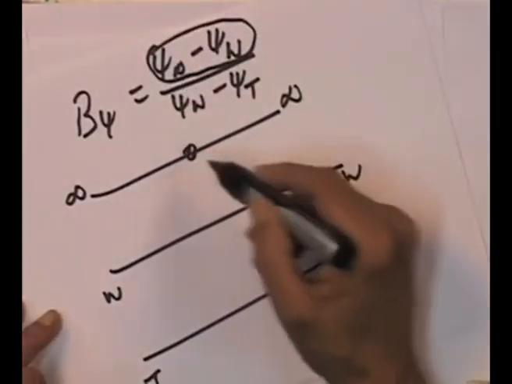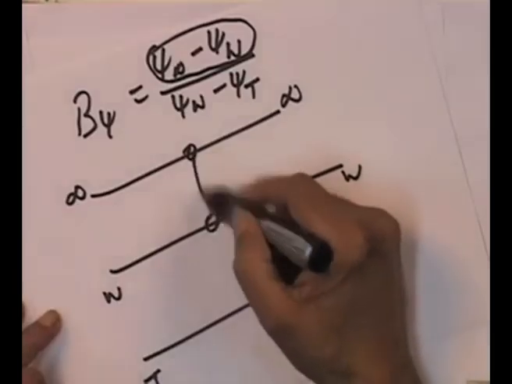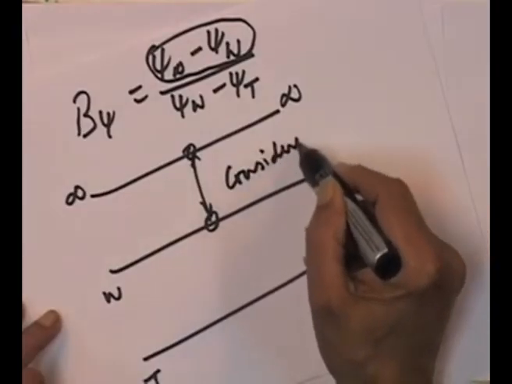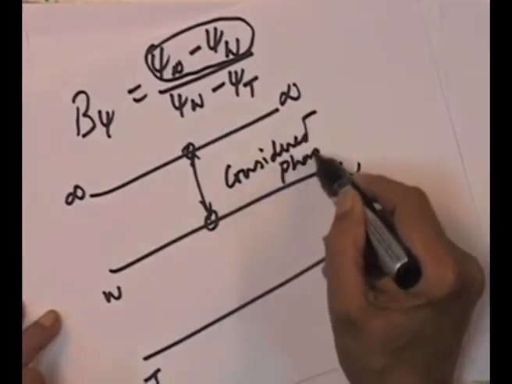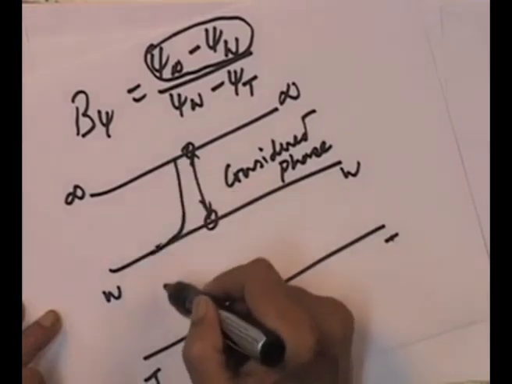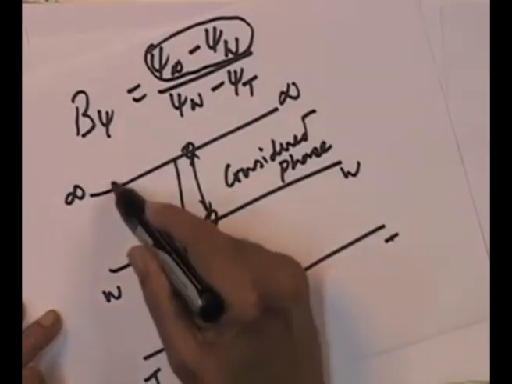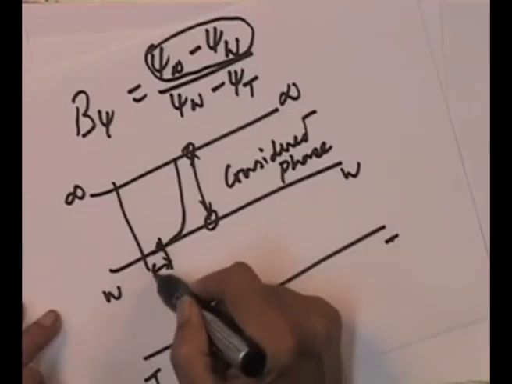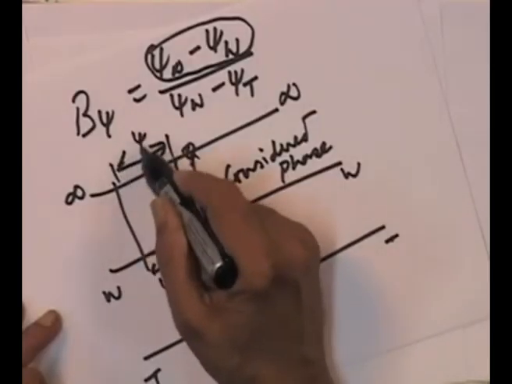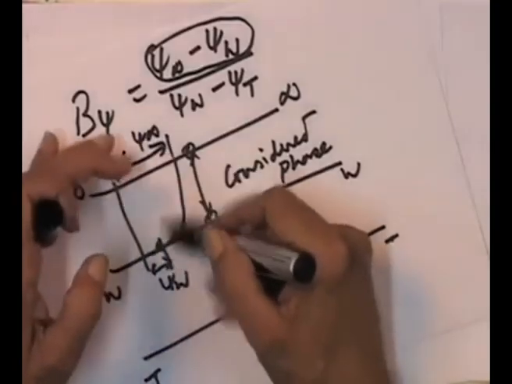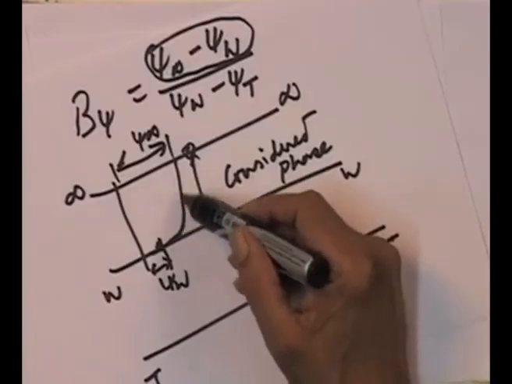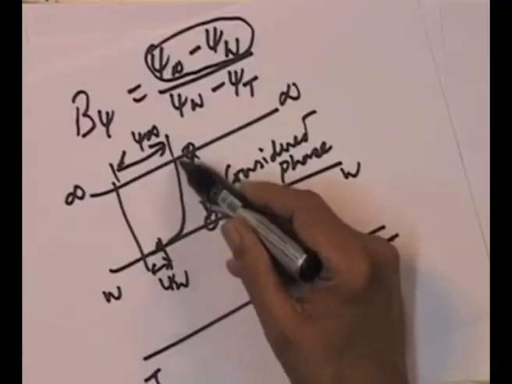In other words, this value and this value are separated significantly in the considered phase, and therefore, you can get a profile like that with the value of psi w here and value of psi infinity there. So, if these values are widely separated, it is quite likely that there would be property variations in the considered phase.